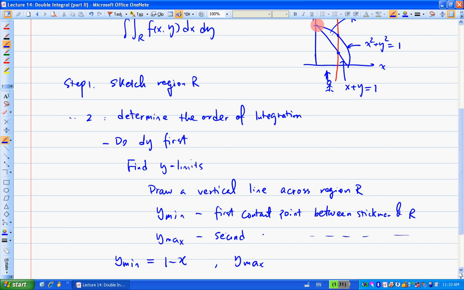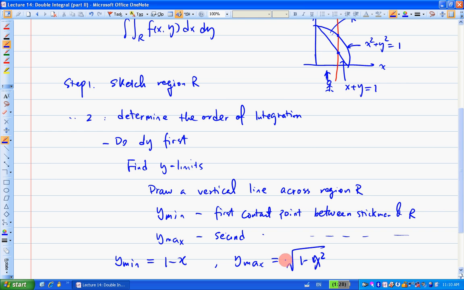Then you look at the second contact point. This contact point is anywhere along this circle, and the circle is defined by x squared plus y squared equals 1. So y max is the square root of 1 minus x squared. Anywhere along this part of the curve is the square root of 1 minus x squared.